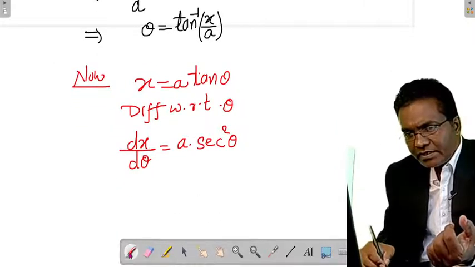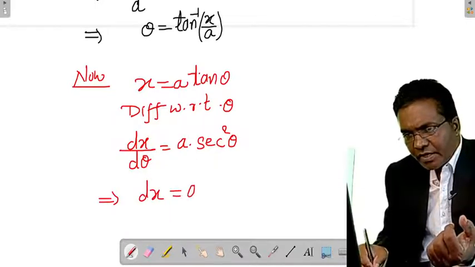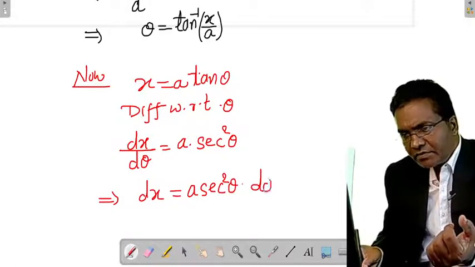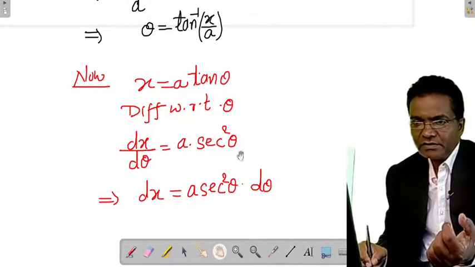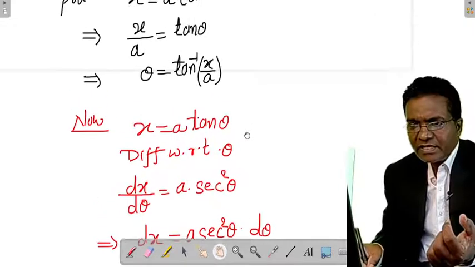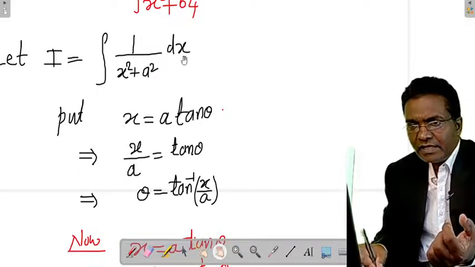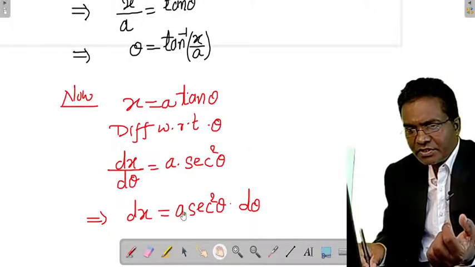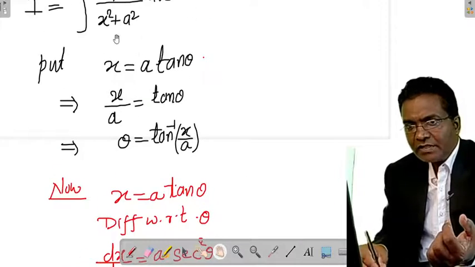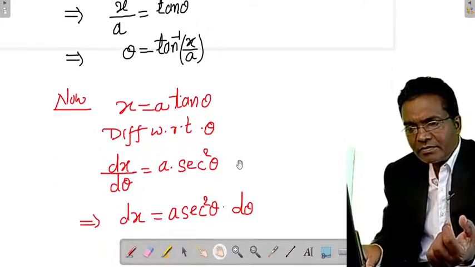So d theta this side, so dx is equals to a into secant square theta into d theta. Okay, so see here, dx is this much.